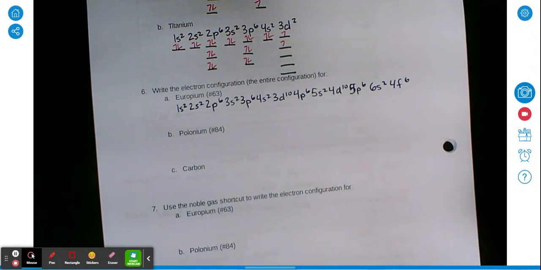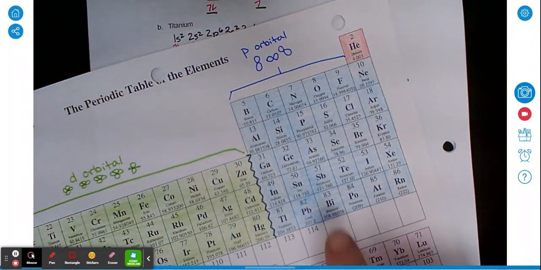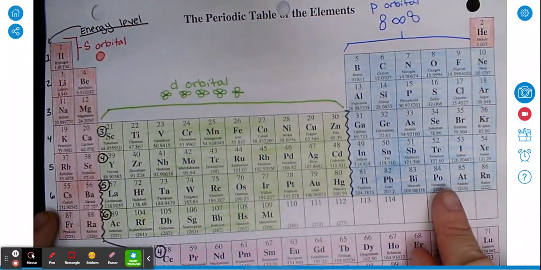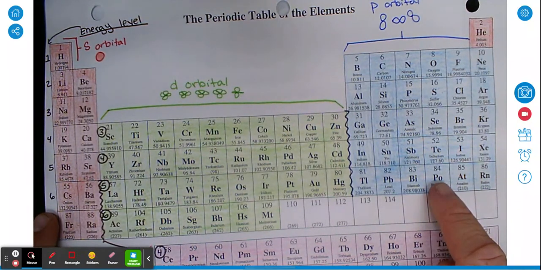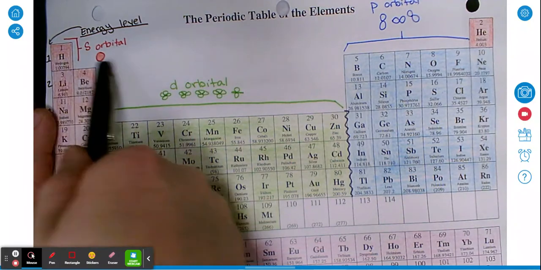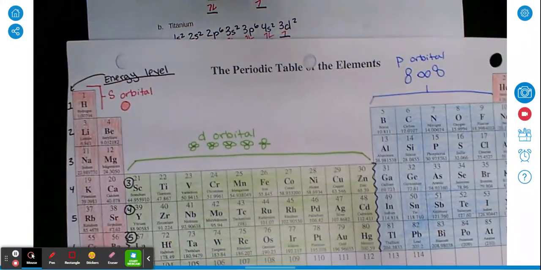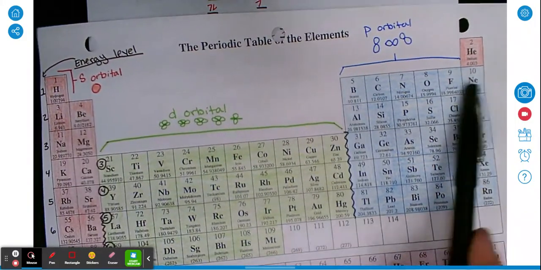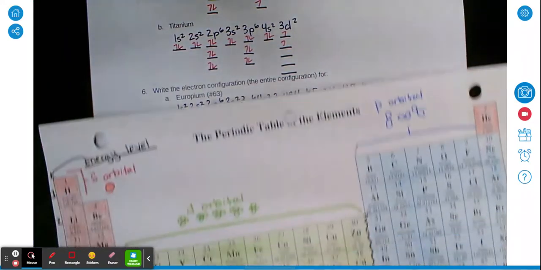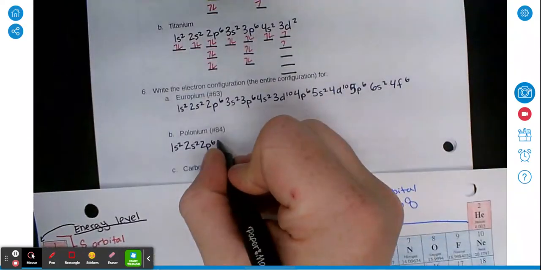All right, polonium. I picked big ones. Where is it? Oh, it's not horrible. All right, polonium is right here. It is in row 6, so I have to get all the way up to 84 electrons. Now, row 1, 1s2. Energy level 2, 2s2, 2p6. 3s2, 3p6.